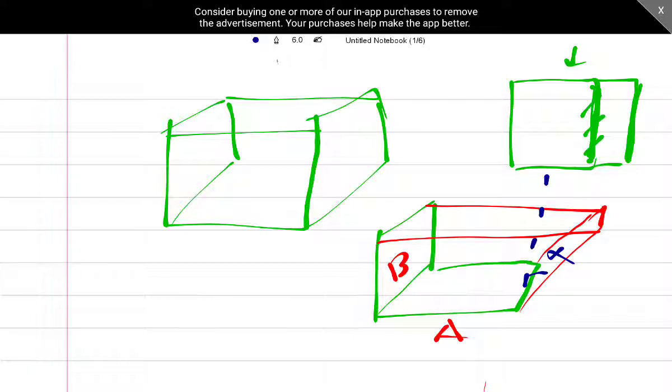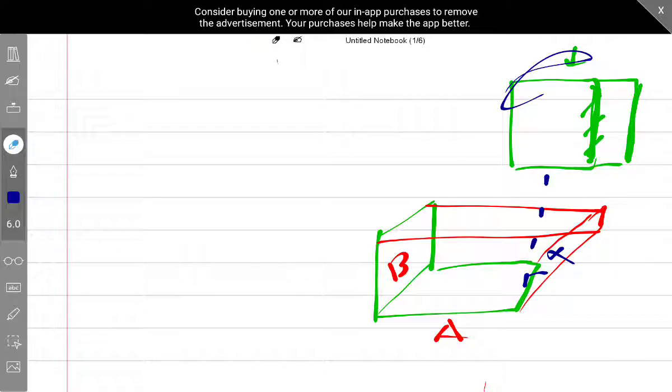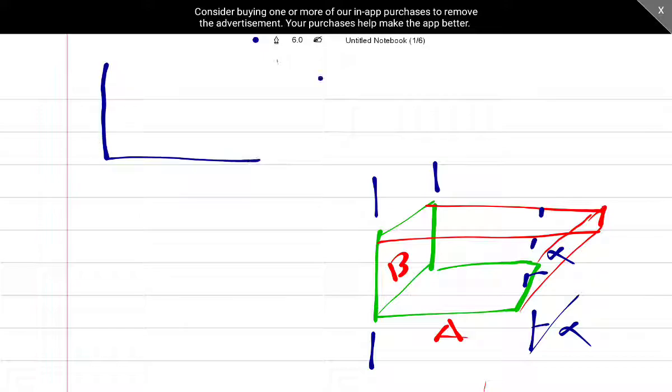Now you see, these two plates are parallel to each other, but this plate and this plate are not parallel because this side is slanted at an angle alpha. So if I see the side view of the tank, it will be like this.